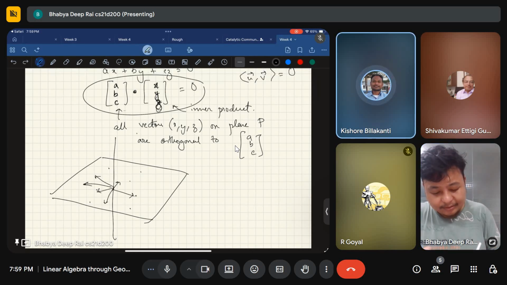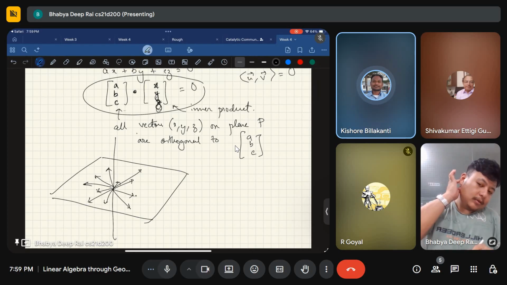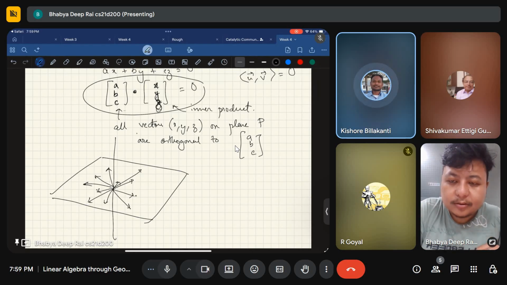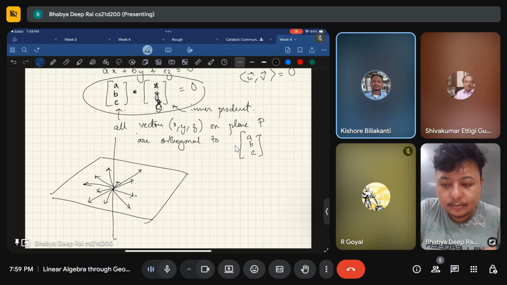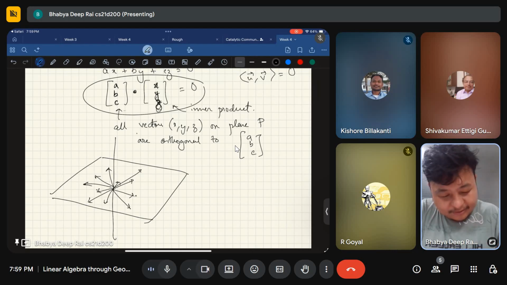But x, y, z are the vectors. We understand that, but there should be some condition to verify that a vector is orthogonal, right? It should be the same thing: when we multiply, the inner product should be 0. That vector will be exactly that particular (a, b, c), which is perpendicular to every point, no matter where I keep it on the plane.